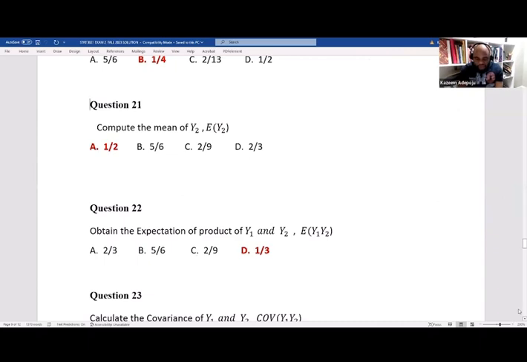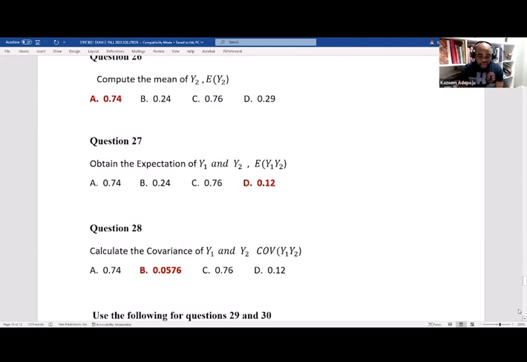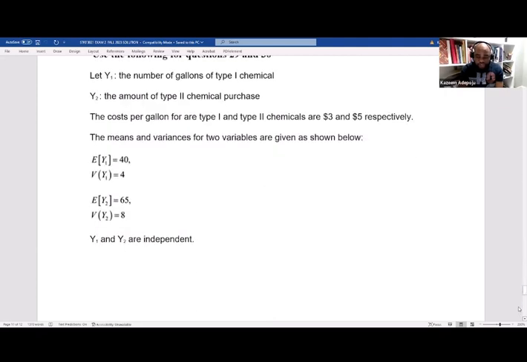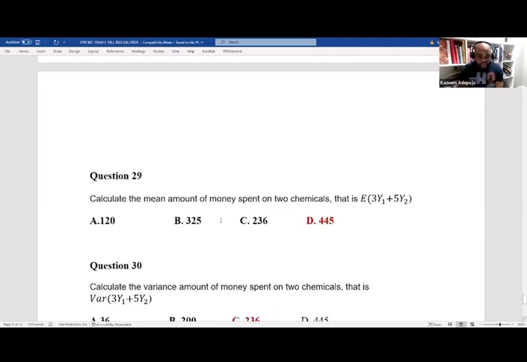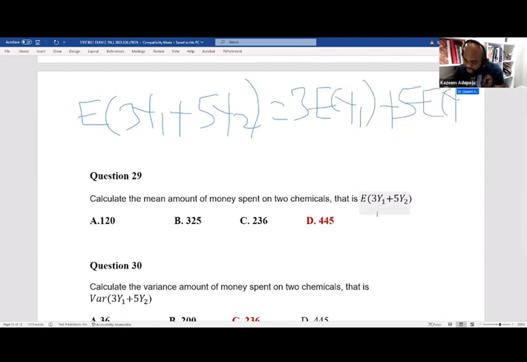Now, I think I've just explained everything to you. And also watch out for a question like this, where they're going to give you a linear combination. Do you see there? What is the expectation of 3y1 plus 5y2? It is going to be 3 times the expectation of y1 plus 5 times the expectation of y2.